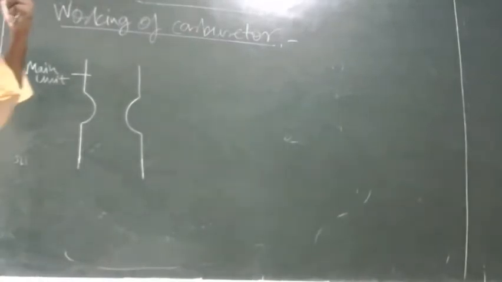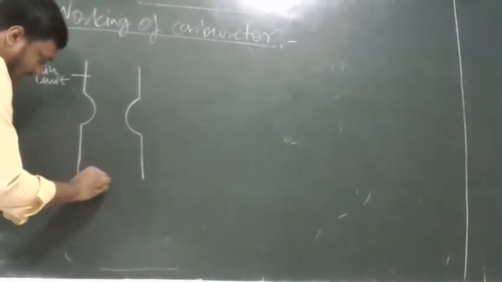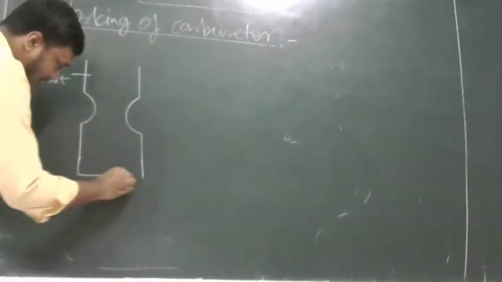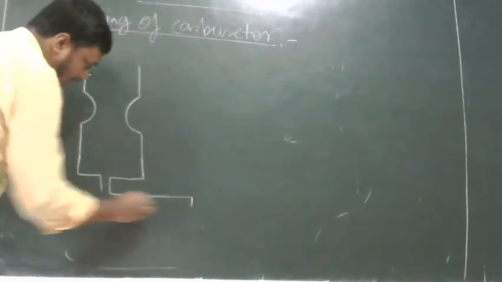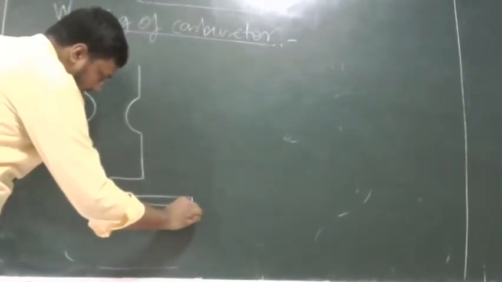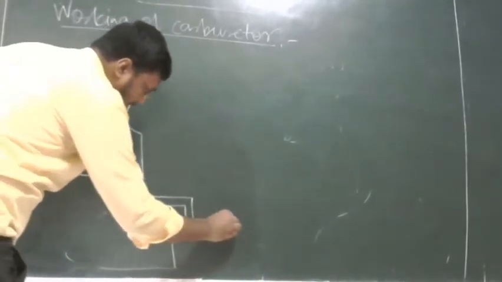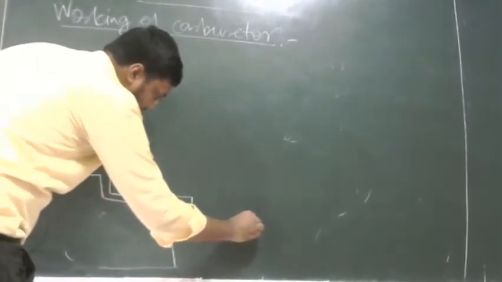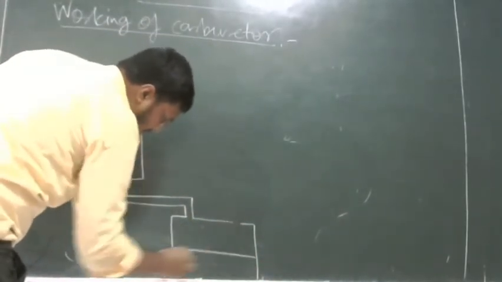Now this main unit is connected to the engine cylinder. This is the engine cylinder. This is the piston.